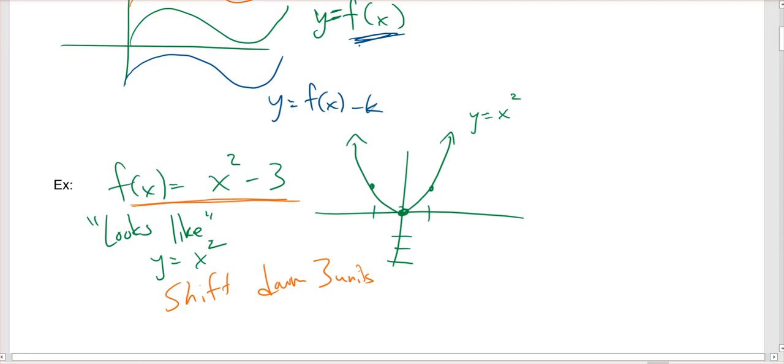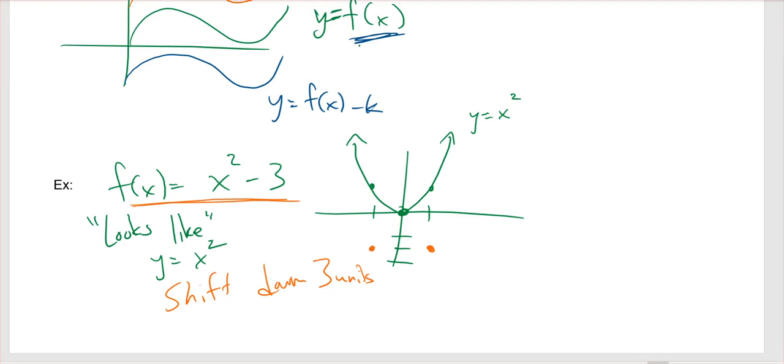We can absolutely just count. We start up here at y equals 1, go 1, 2, 3 down, we're here. We count 1, 2, 3 down, and we're here. Count from 0, negative 1, negative 2, negative 3, so we're here. And we can draw the beautiful shift here. So we can observe that the parabola has moved down 3 units.